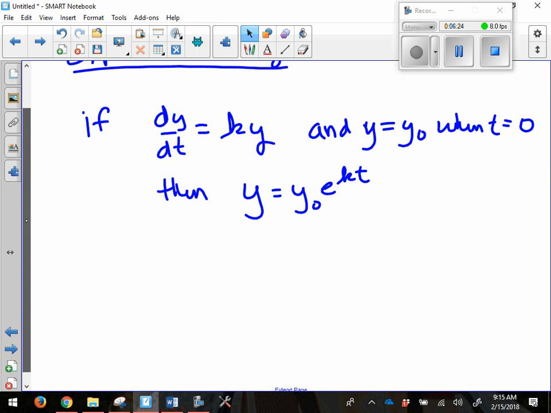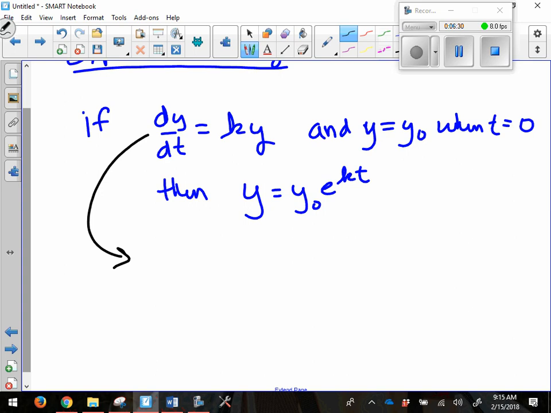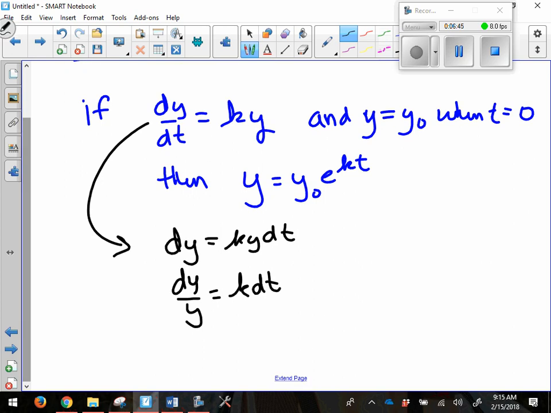All right, and really you can prove this quite simply because I can take this and turn it into dy is ky dt, divide both sides by y, and get dy over y is equal to k dt, and then integrate, right?